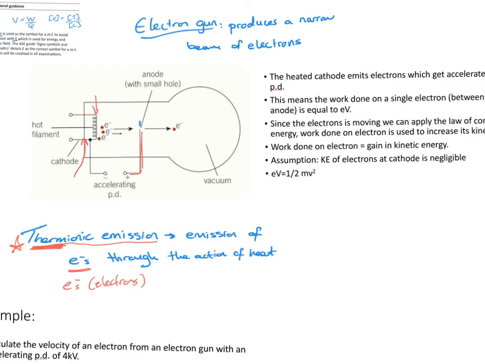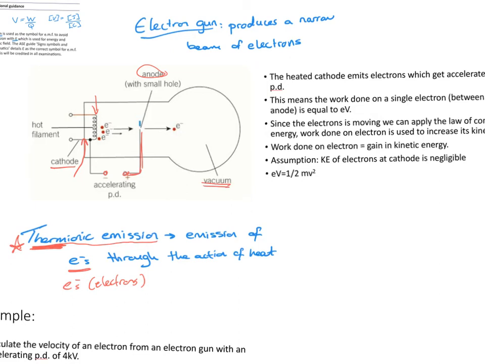Now, we know that electrons are attracted to a positive terminal, so there's a potential difference between the cathode and the anode. So this is the anode. So that causes the electrons to accelerate. Now, this whole thing is done in vacuum, so there are no particles in the middle to bump into.